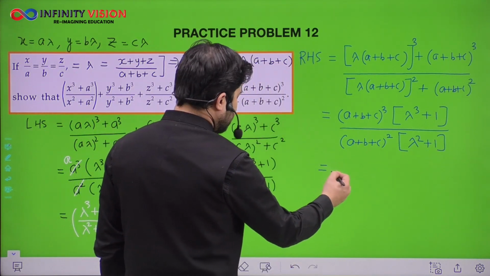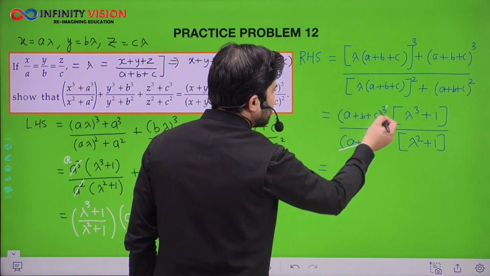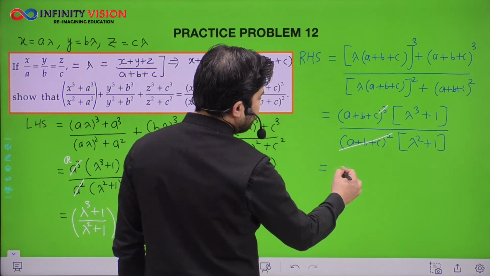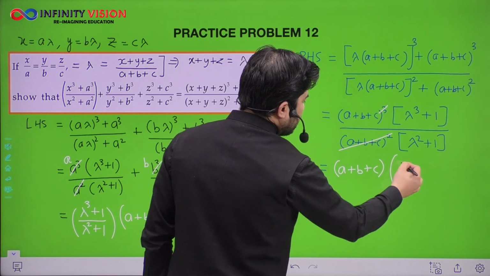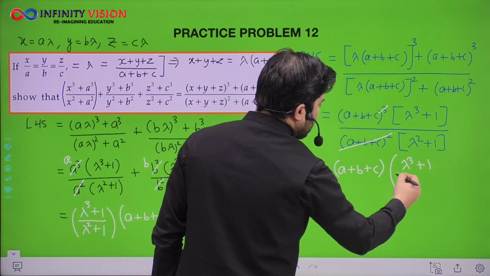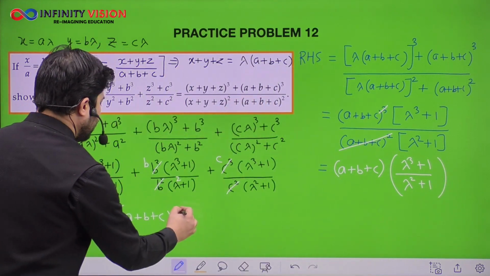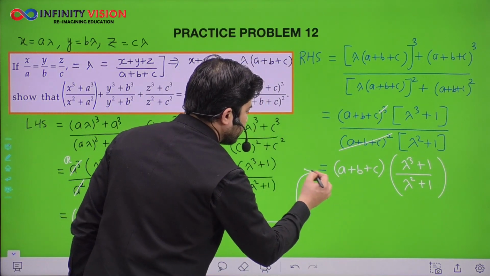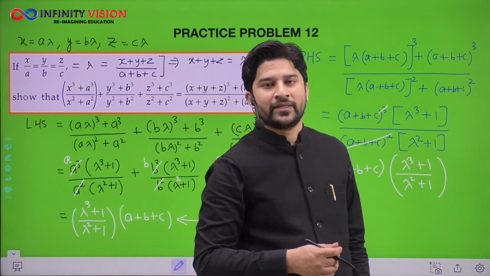And then you can see that a plus b plus c whole square will cancel the cube, and you will be left with a plus b plus c into lambda cube plus 1 upon lambda square plus 1. Now you can see your left hand side is equivalent to your right hand side. So hence we have proved the following statement.